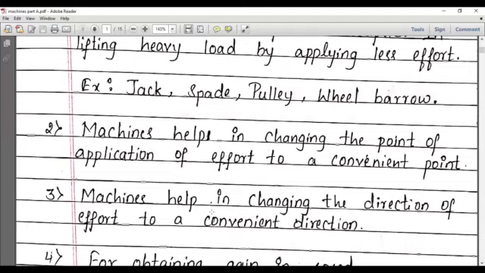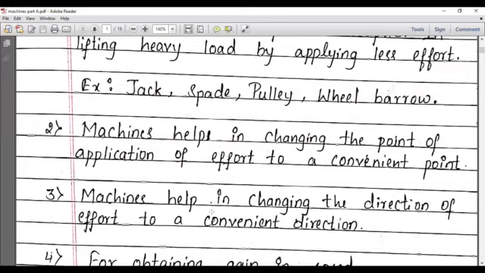You are applying effort on the pedal, but it is connected to the rear wheel. So it helps in changing the point of application of effort to a convenient point. The rear wheel is responsible for the motion of the cycle. So when you apply effort on the pedal, the application is done on the wheels.